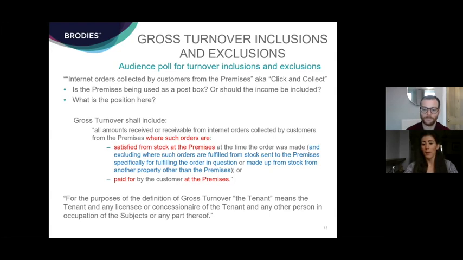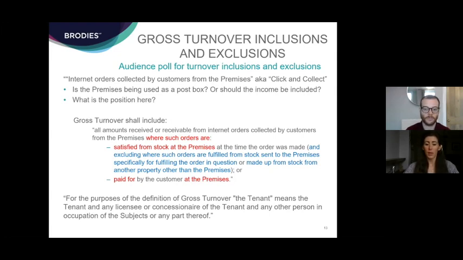But if the order was satisfied from stock sent to the premise from another store or from a warehouse, as shown in blue, it would not be included in gross turnover. And the same applies for whether the items are paid for at the premise or whether they're paid for online.